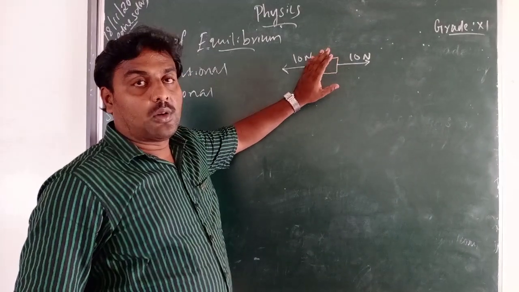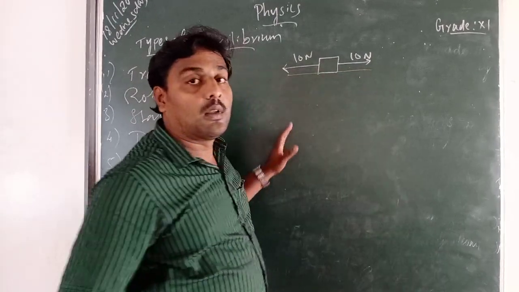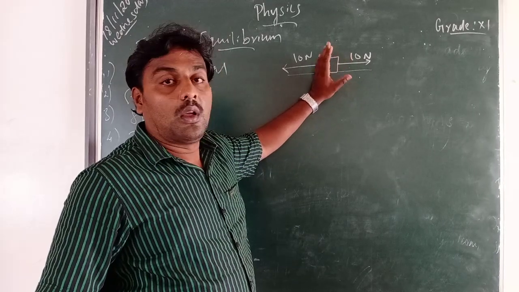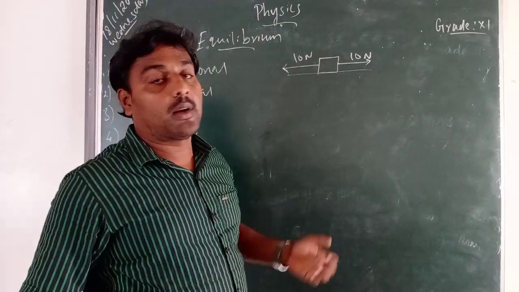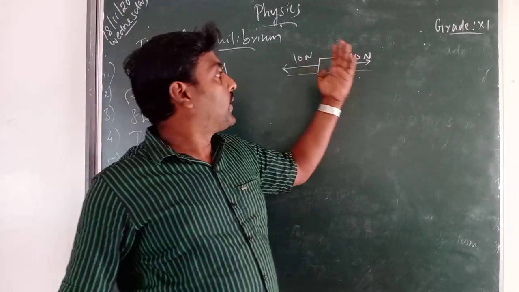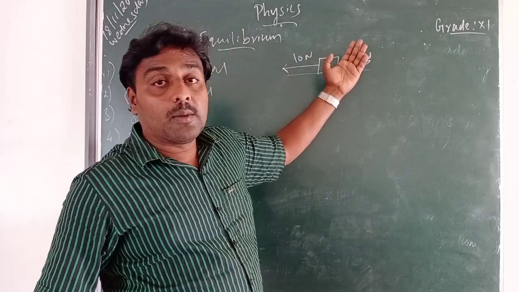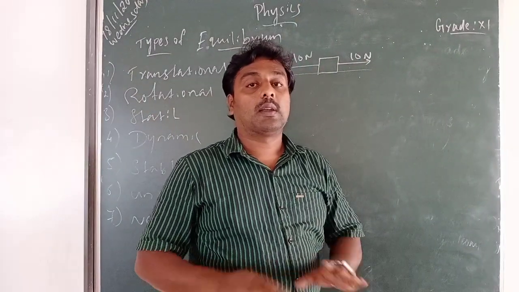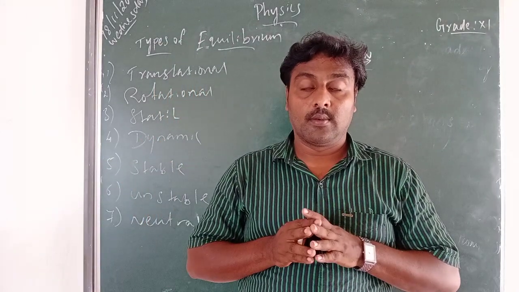Assume that an object is placed on a horizontal surface. You are pulling with 10 Newton in this direction and your friend is pulling the same object from the other direction. Both are applying the same force, 10 Newton and 10 Newton.